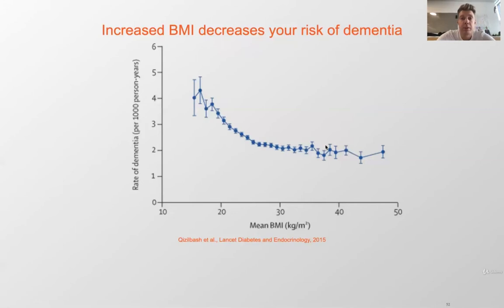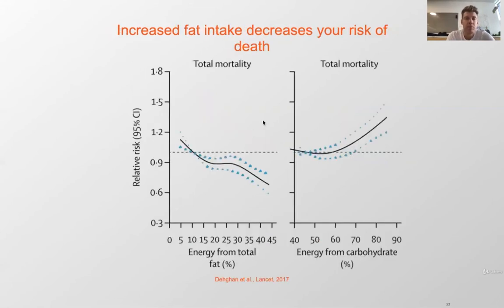We just have to remember here that these are people that do not have diabetes. If you get diabetes, then your risk of developing dementia is very high. But just being overweight by itself appears to offer some protection for your brain.